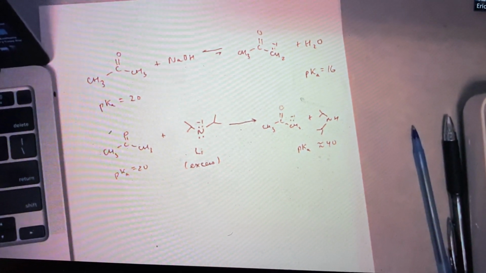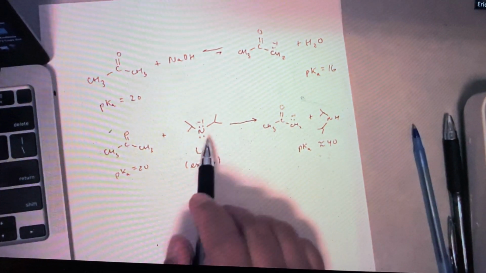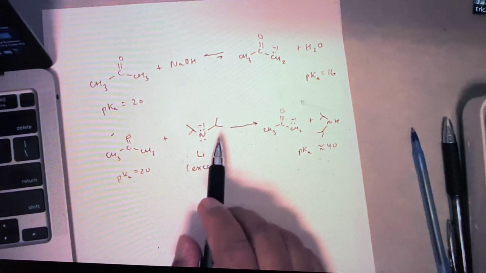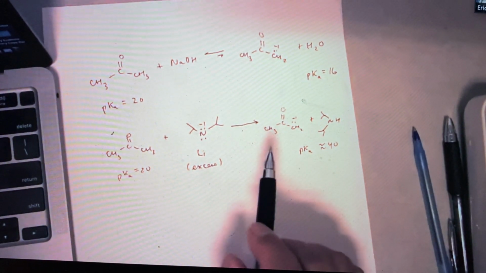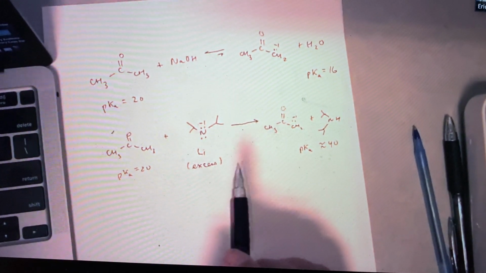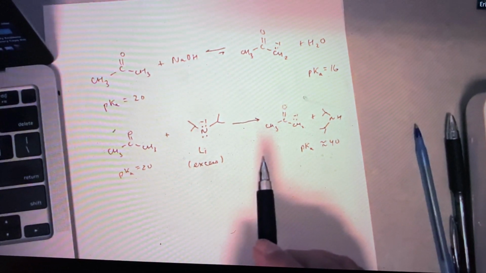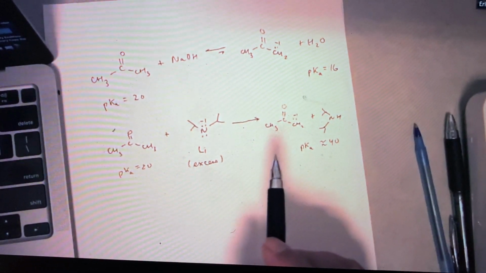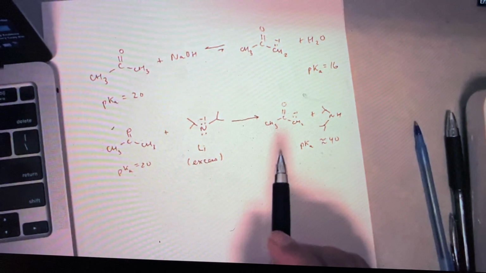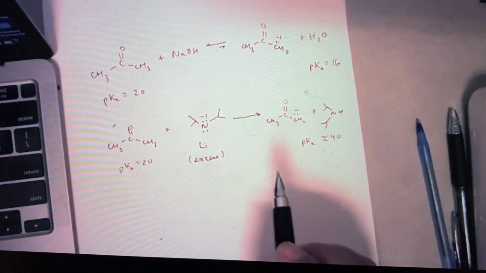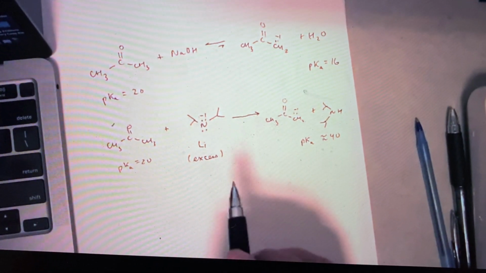So to answer the question, why is this non-nucleophilic, recognize that in the chapter of aldehydes and ketones, you should have learned how aldehydes and ketones react with amines, depending if they're primary or secondary, they either make imines or enamines, right?